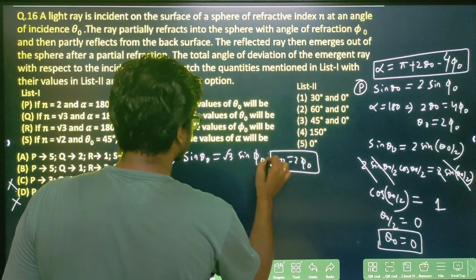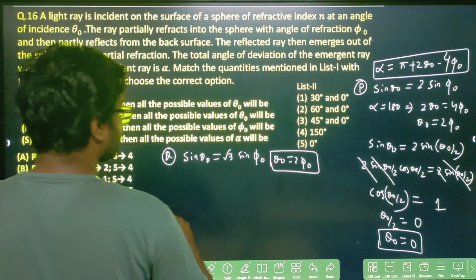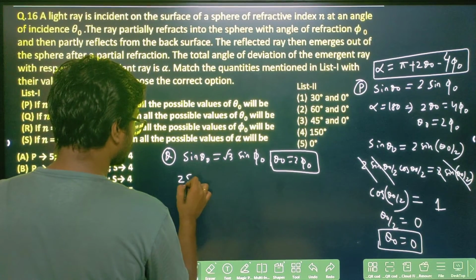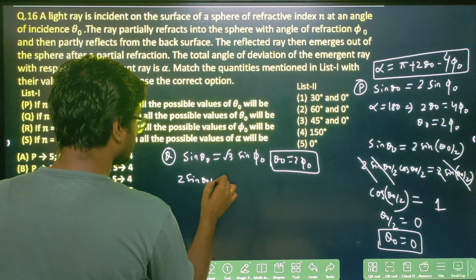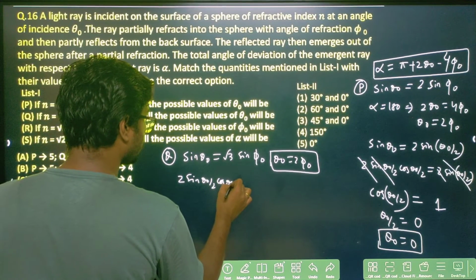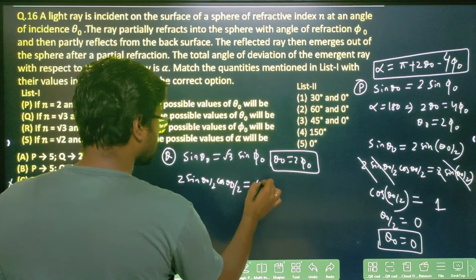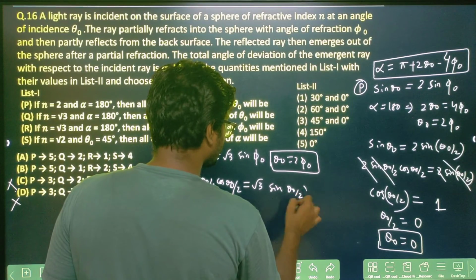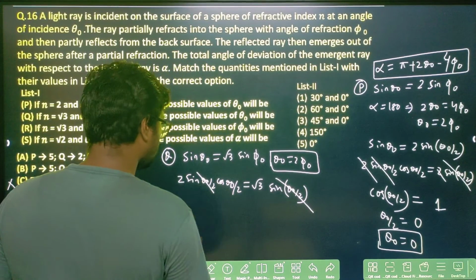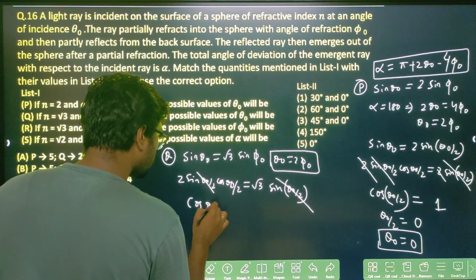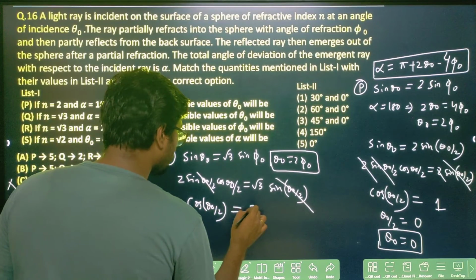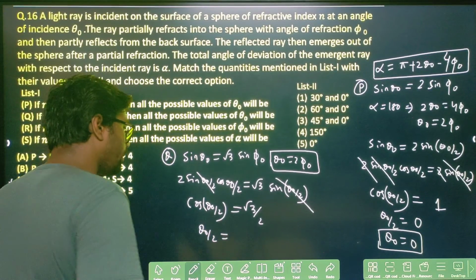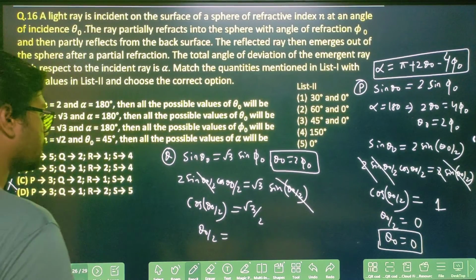This is the same condition, right? For the possible value of theta naught, you can write 2 sine of theta naught by 2 cos of theta naught by 2 is equal to root 3 into sine of theta naught by 2. So sine of theta naught by 2 cancels out, and cos of theta naught by 2 is equal to root 3 by 2. So theta naught by 2, since cos is root 3 by 2, will be 30 degrees, right?